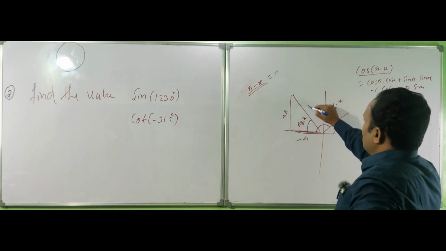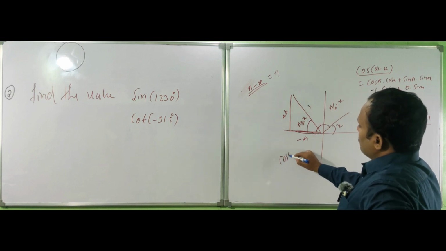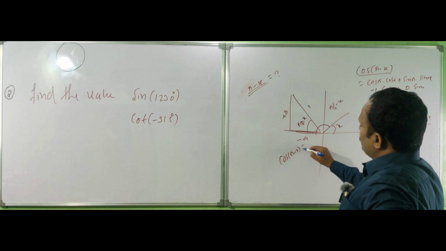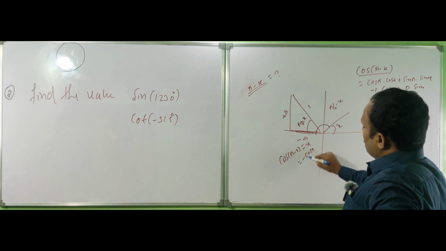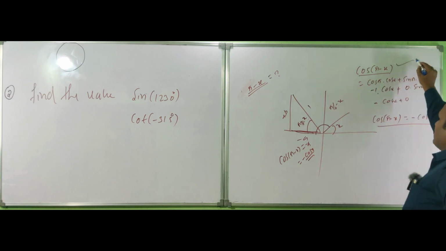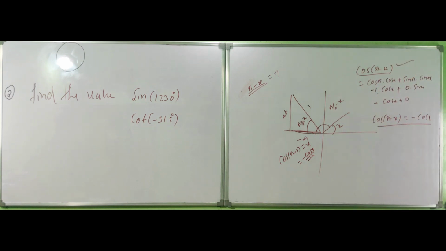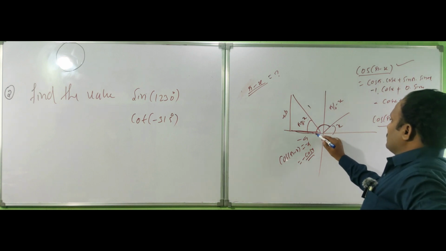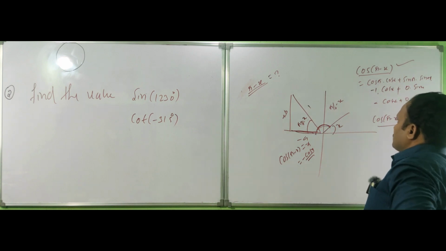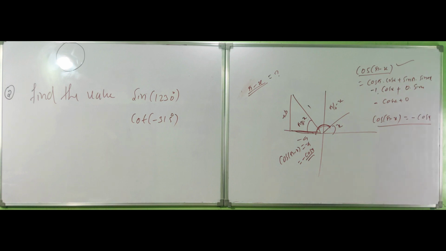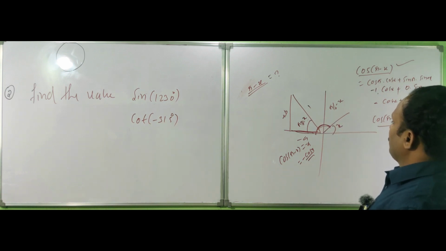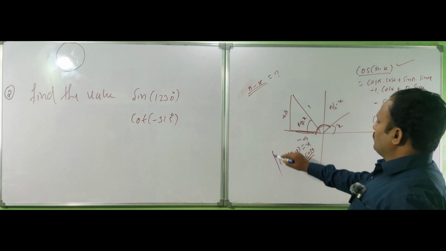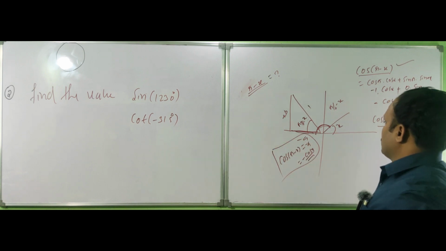So here you can write cos of pi minus x is equal to minus cos x from this formula. But according to our figure, this is cos of pi minus x, so why should I consider only this portion? According to the problem, I am getting minus a.